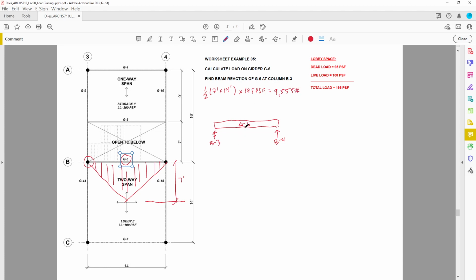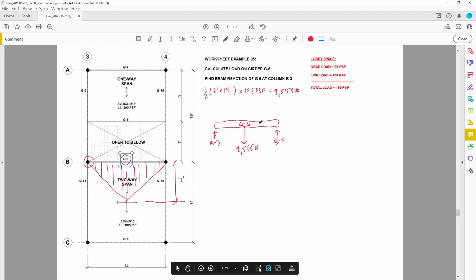Right, so we're going to represent that as a point load here of 9,555 pounds. We don't show it as a continuous load because we figured out the entire area, right? This entire area is 49 square feet, and the continuous load would be this divided by 14 feet.